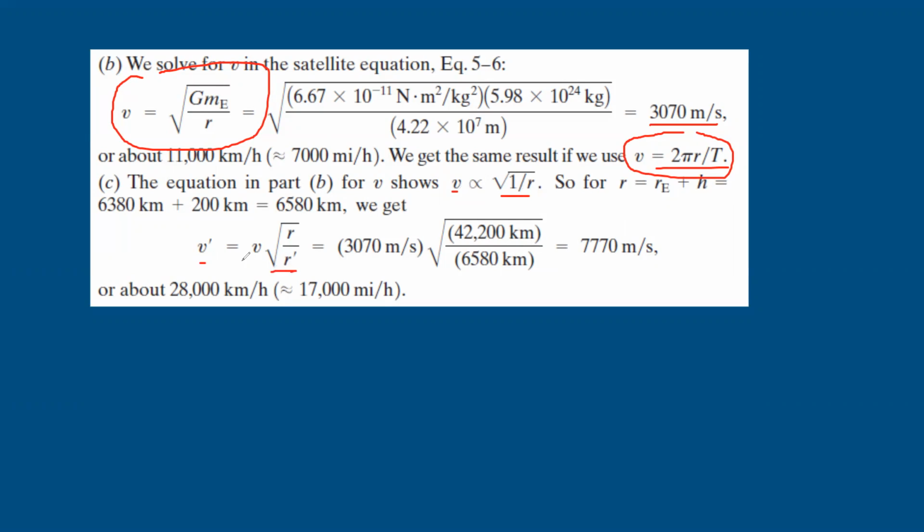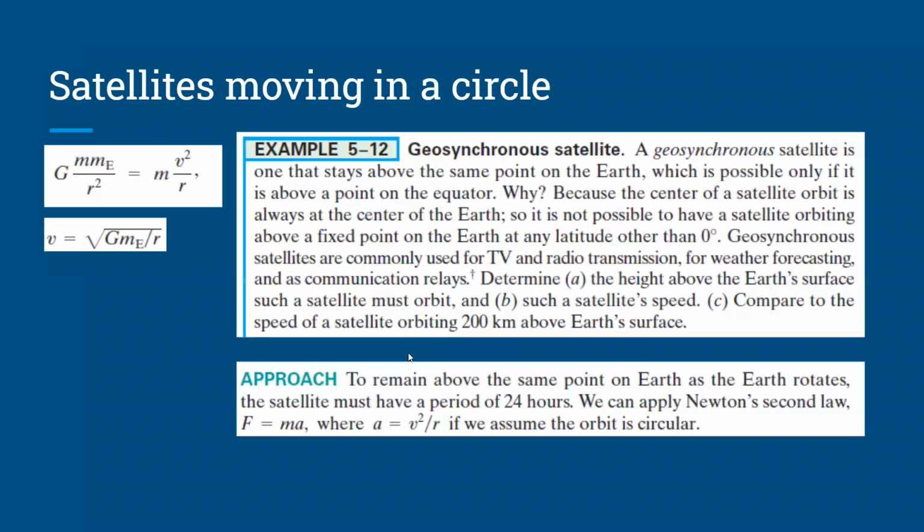It is related in that case because our previous question is asking for the third question. Compare the speed of a satellite orbiting 200 kilometers above the Earth's surface. So we just compare.